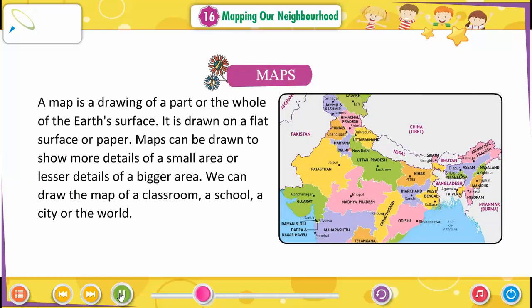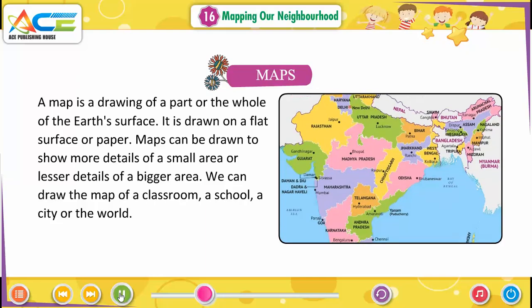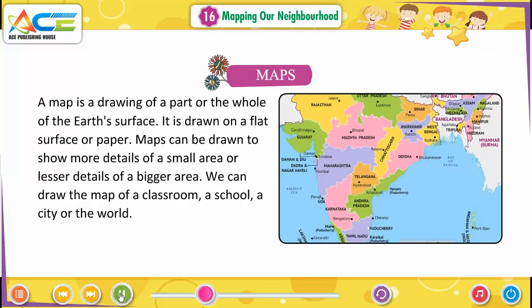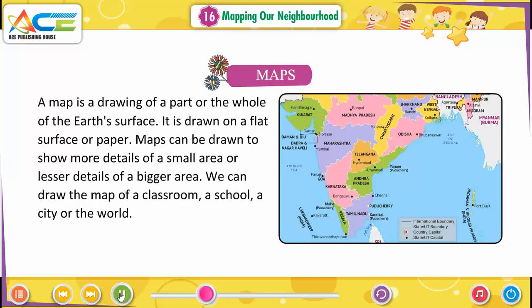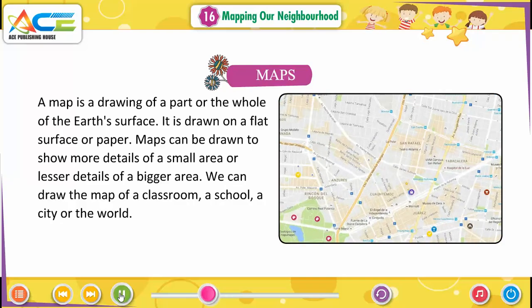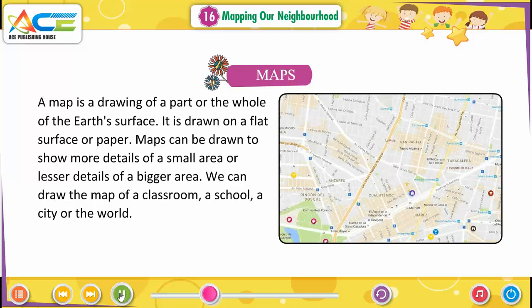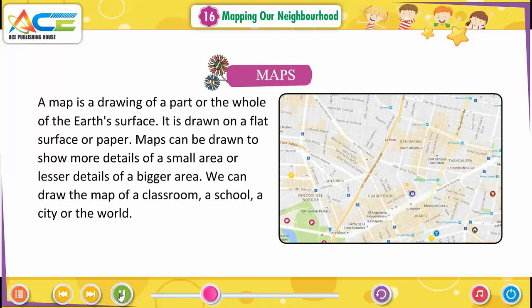Maps. A map is a drawing of a part or the whole of the Earth's surface. It is drawn on a flat surface or paper. Maps can be drawn to show more details of a small area or lesser details of a bigger area.